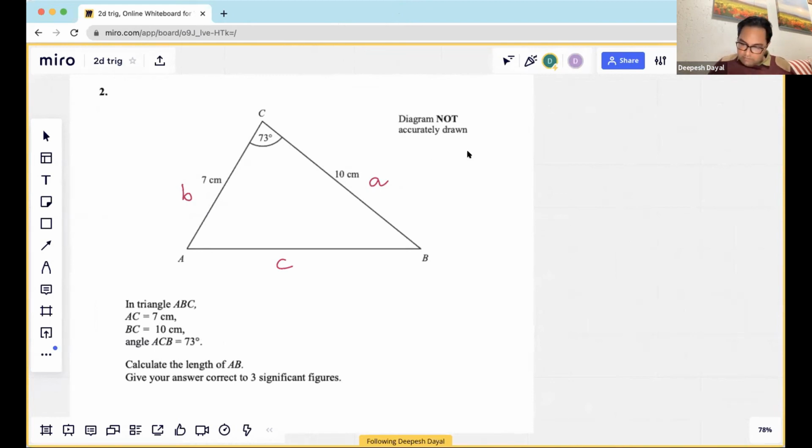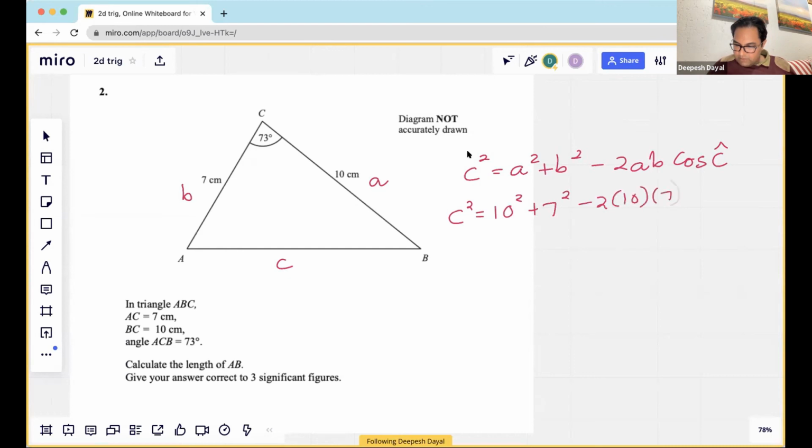So we've got C, A, and B, and we want C. We're going to say C squared equals A squared plus B squared minus 2AB cos C. So C squared will equal 10 squared plus 7 squared minus 2 times 10 times 7 cos of 73. Let's plug that in.